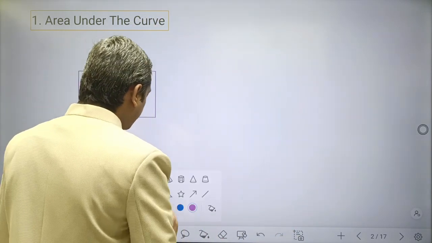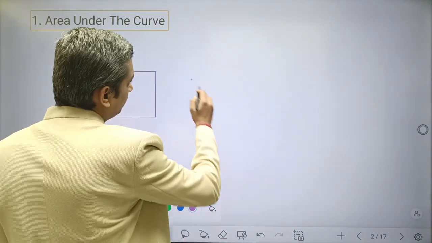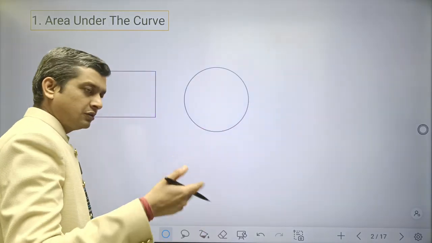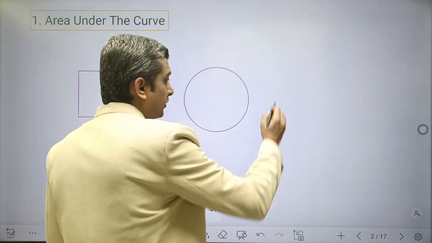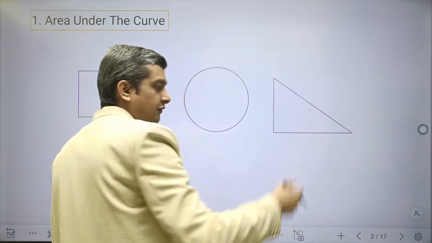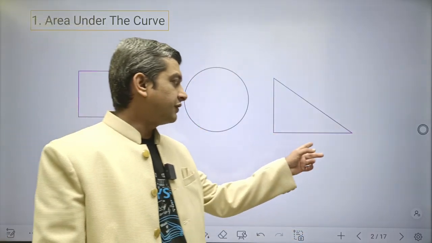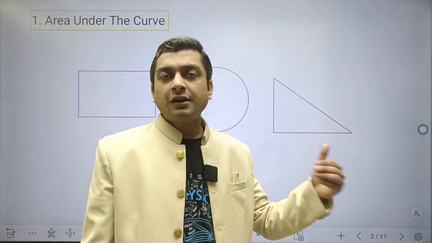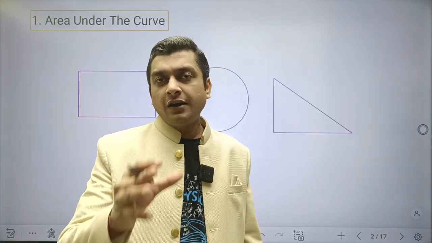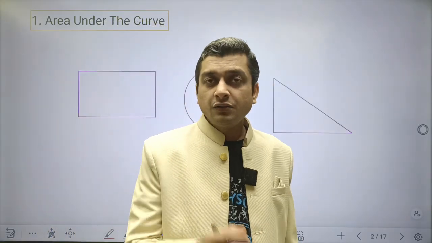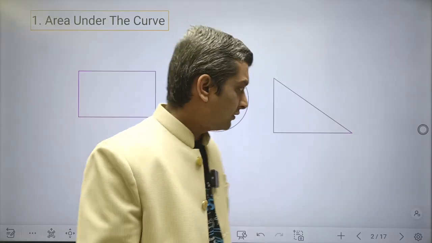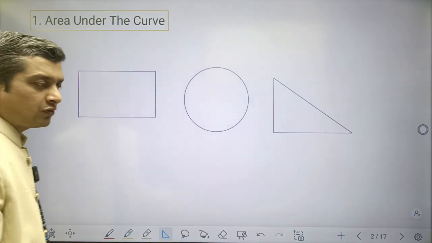If I draw a circle and ask you to find its area, then pi r square is its area. And if I draw a triangle, you can easily find its area using the formula half base into height. So these are regular figures where you have a standard formula for area. Different figures have different formulas for area.